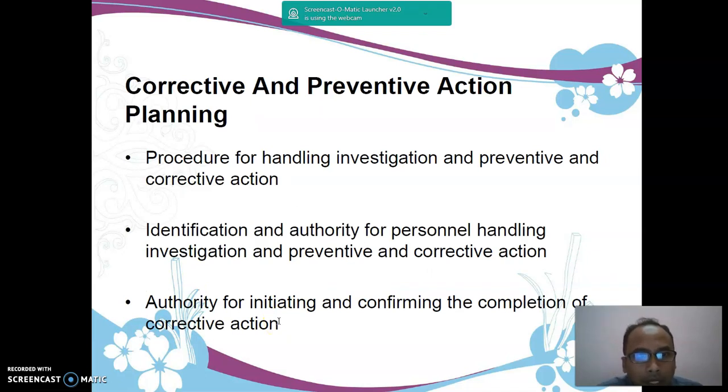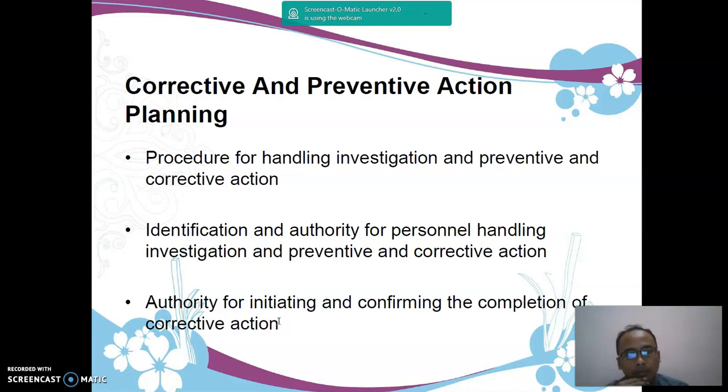So in terms of planning for the corrective and preventive action, you are required to have a procedure for handling investigation and also proposing preventive and corrective action. You need to have a proper procedure, and the procedure must be communicated to all the parties involved in the management and also involved in the accidents.